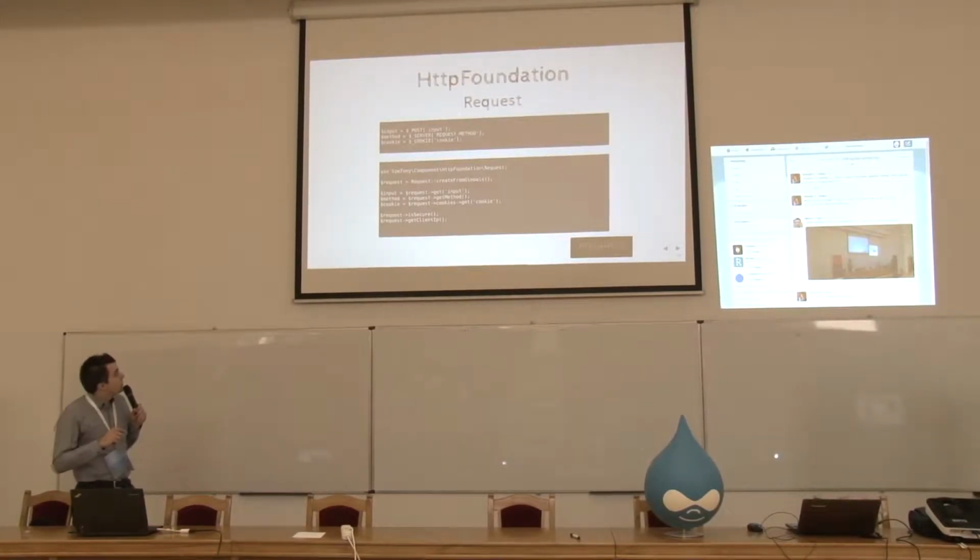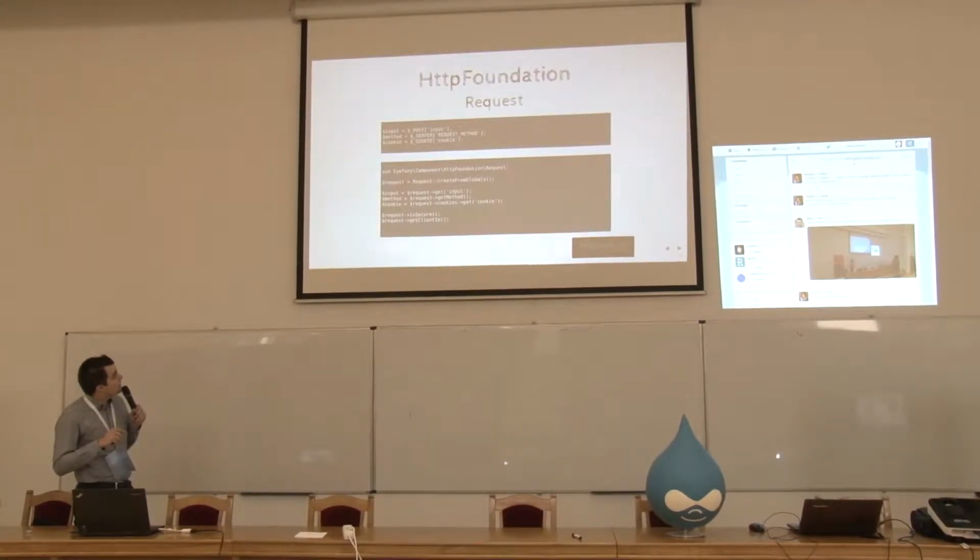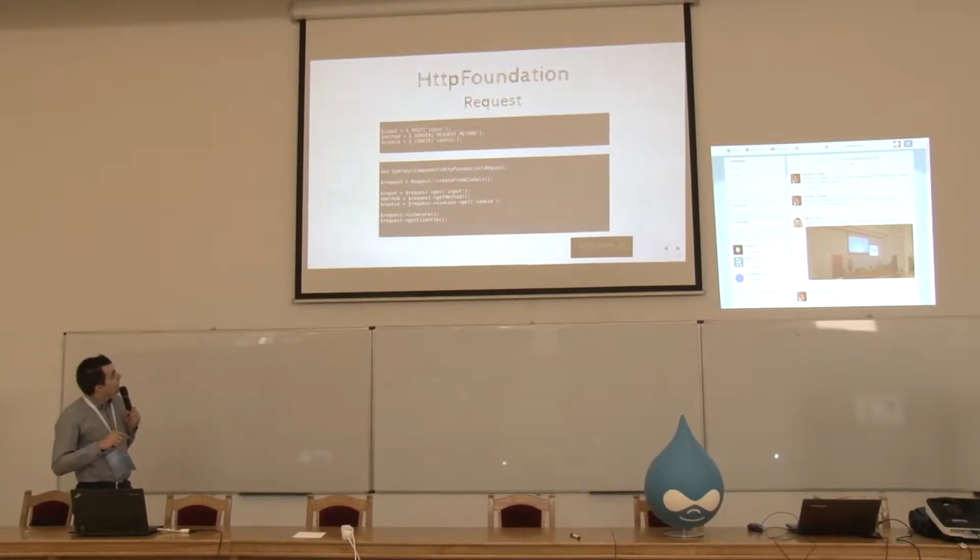So here is how you do it in plain PHP, and this is how you can do it in a request object. You create it from the globals, and you can access these values easily from the request object.